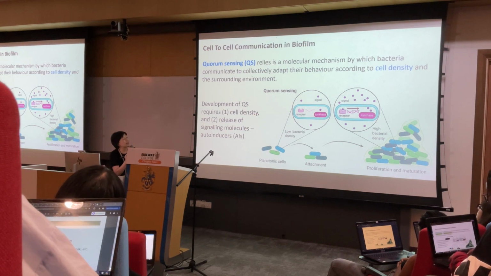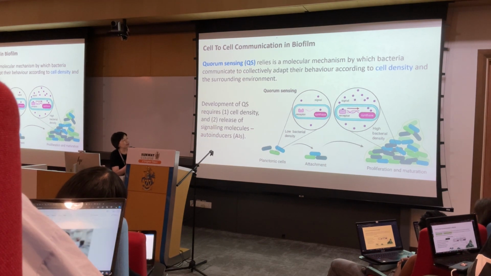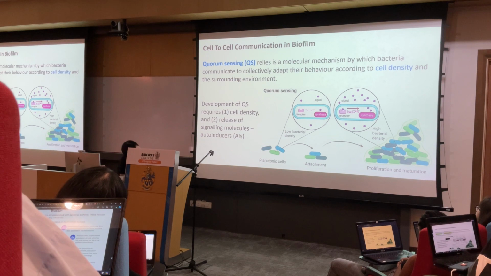Otherwise, no. If, let's say, it's planktonic bacterial cells, and the distance between cells is very far away, then unlikely they can have quorum sensing. Second, they need to release the molecule called autoinducer. This is very important. This is how they communicate with each other, with this autoinducer. So without expressing and releasing autoinducer, they cannot communicate.